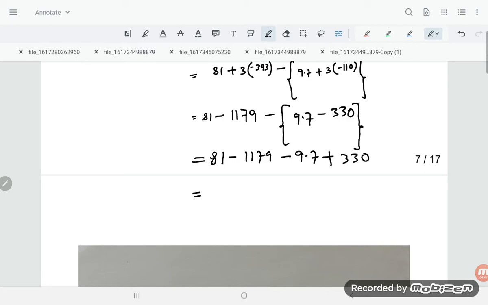You add the positives together, so it is coming 411, and these two negatives you add together, so it will come minus 1188.7.